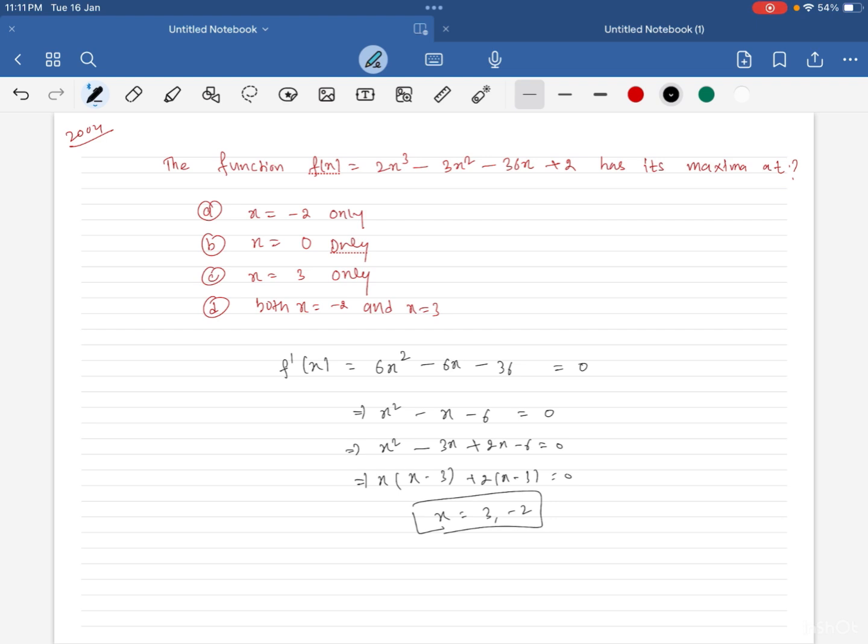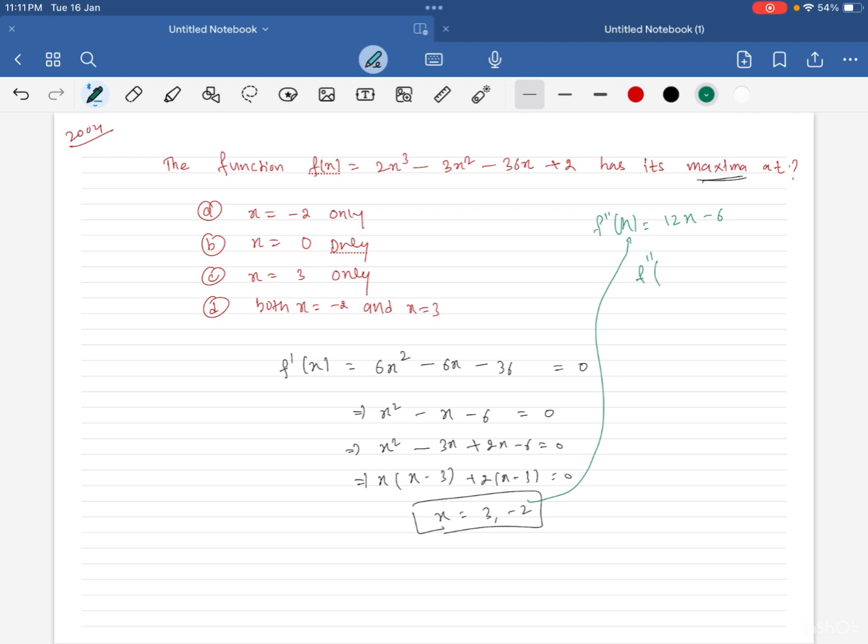Now, has its maxima, so we can find the double derivative of the function, right? So the double derivative of the function would be 12x minus 6, right? Now we can put these points into the double derivative, and we will check at which point we are getting less than 0, that is negative. That point will be the maxima point.